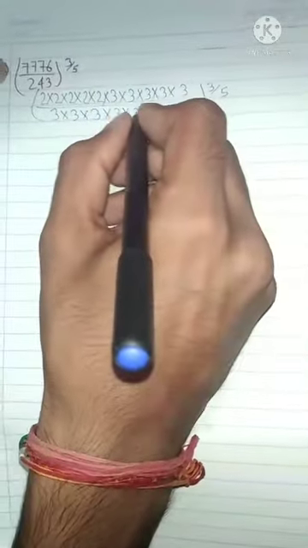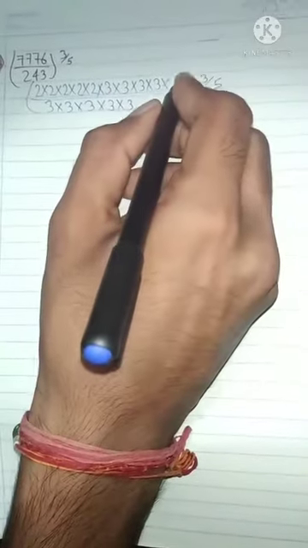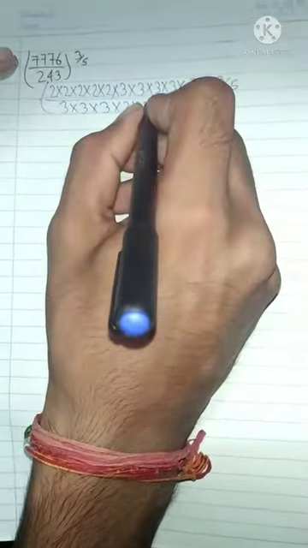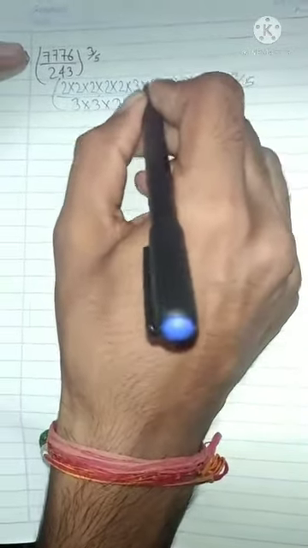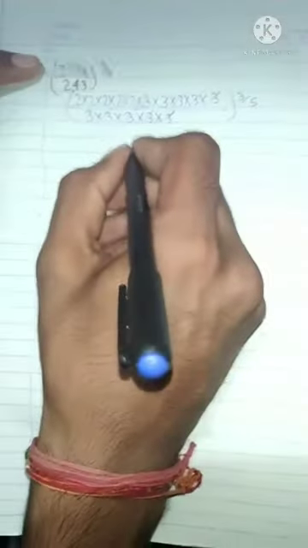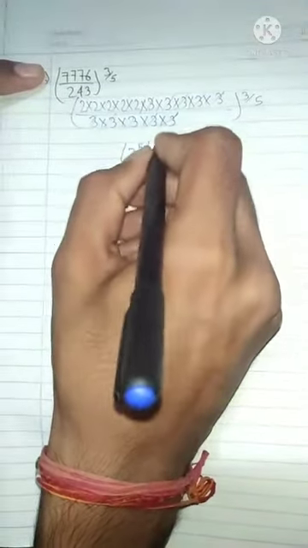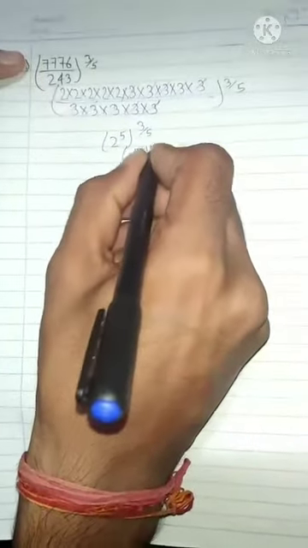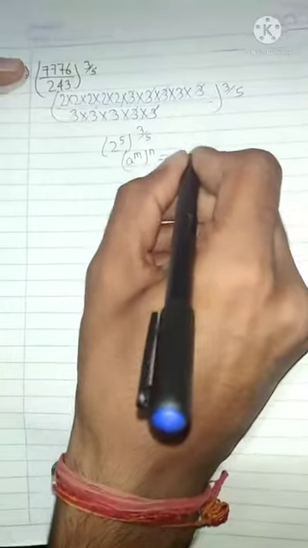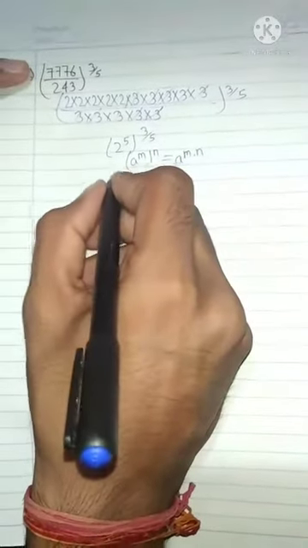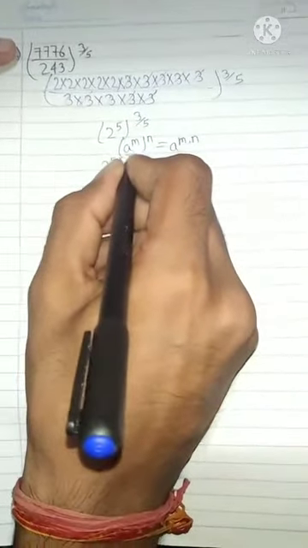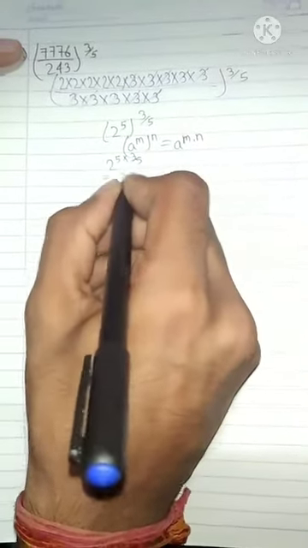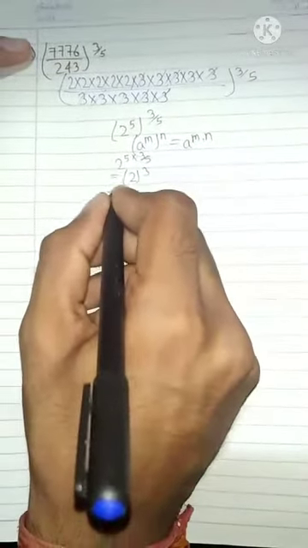You see that 5 times 3 came in the factorization of 7776, so first we cut these 5 times 3, then it becomes (2^5) whole to the power 3 by 5. Using the identity (a^m)^n equal to a^(m×n), friends, it becomes 2^(5 × 3/5). It only comes 2^3, and it becomes 8.